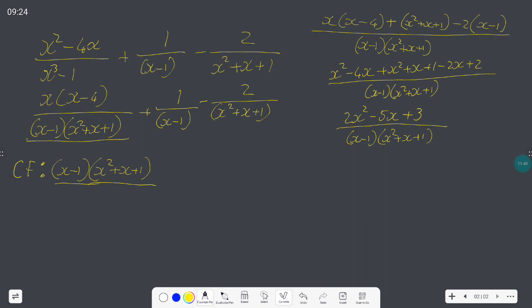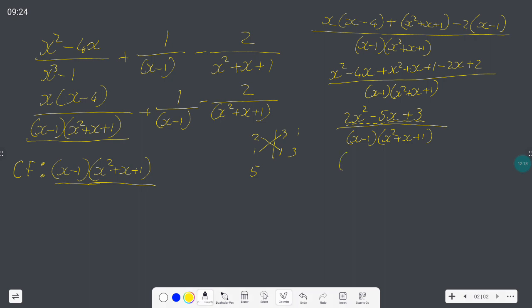Can I factorize that? Okay, how? Check if it works out. We've got 2 and 1, 3 and 1, 1 and 3. That gives me 5. Okay, it works out.